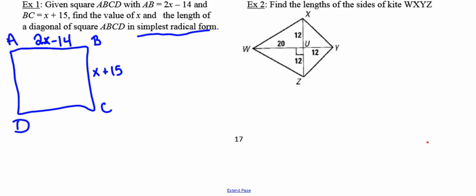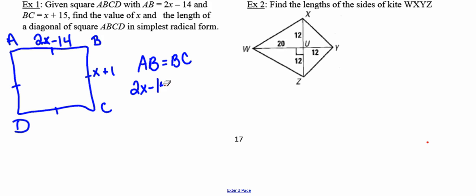Because this fellow's a square, I know that all 4 of his sides are congruent, making side AB equal in length to side BC. So now I can go set up my equation, 2x subtract 14 equals x plus 15.